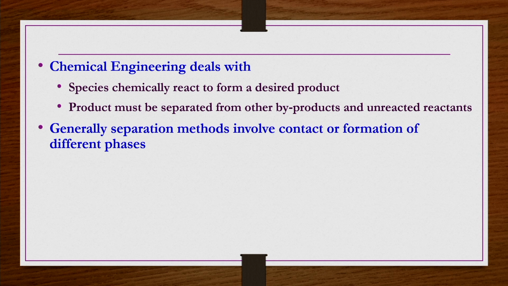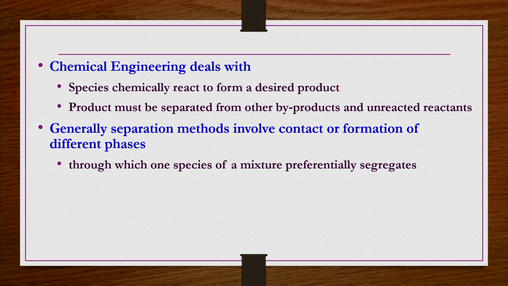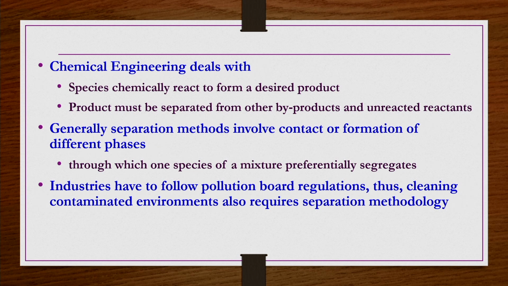Further, separation methods involve contact or formation of different phases, through which one species of a mixture preferentially segregates. Also, industries have to follow pollution board regulations, so cleaning contaminated environments also requires separation methodology, right. Separation is occurring, that means definitely one species is going to transfer from one phase to the other phase.